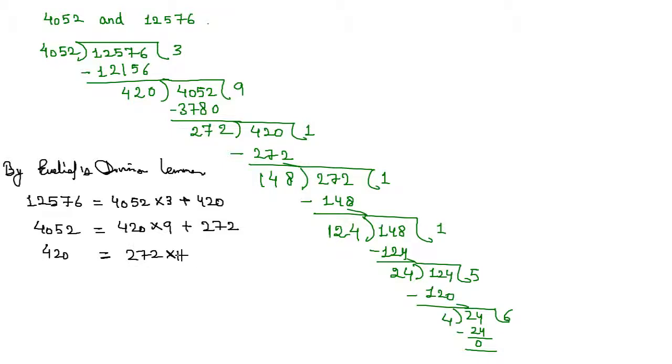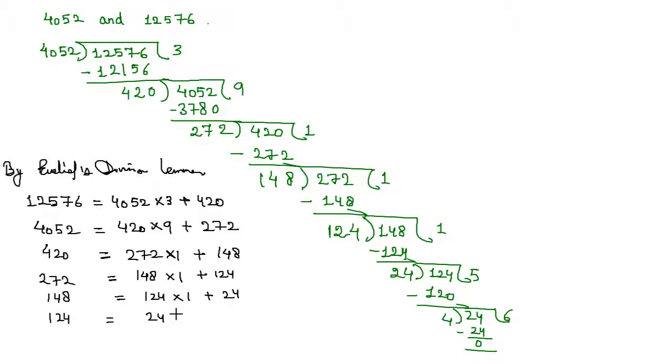See how easy it is now. Once you have done this, now this into this will be 272. So 272 is 148 multiplied by 1 plus 124. Now for 148 we will have 124 multiplied by 1 plus 24. Now for 124 it will be 24 multiplied by 5 plus 4.